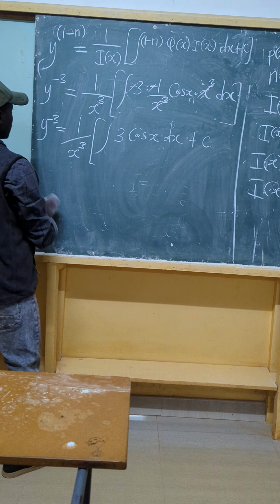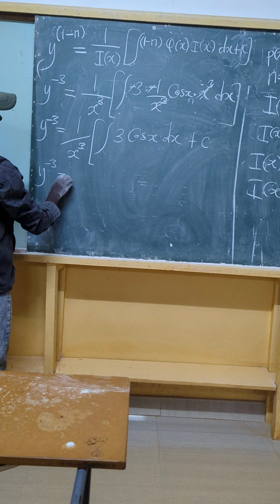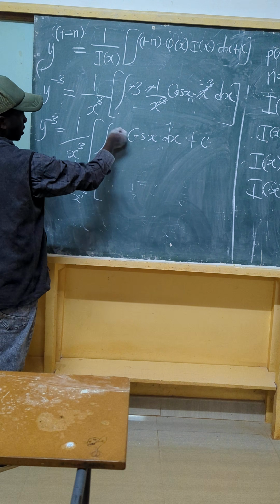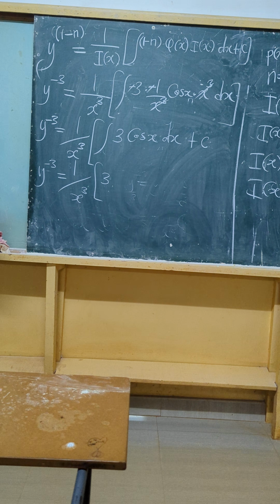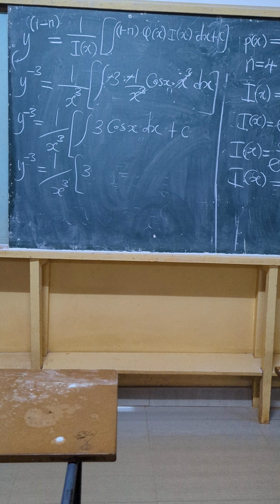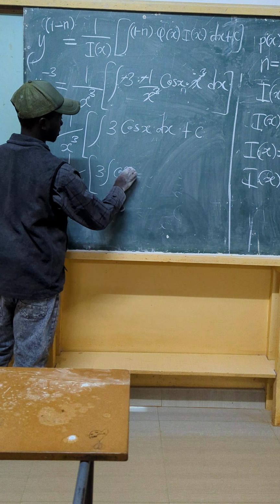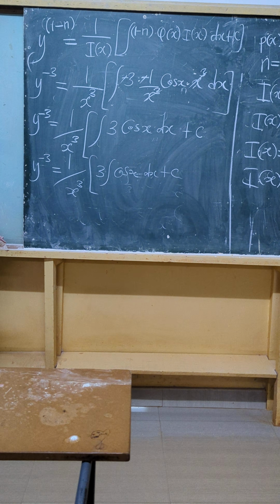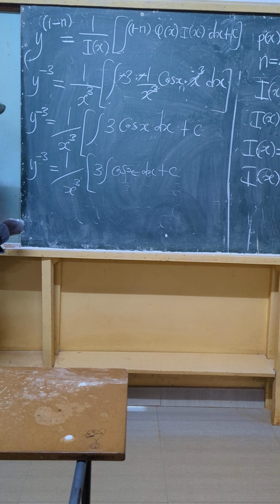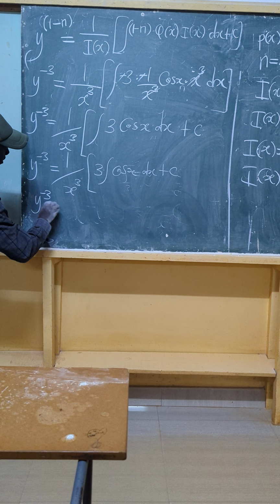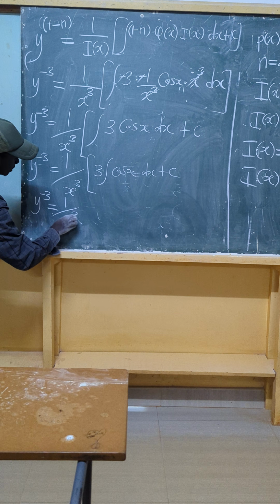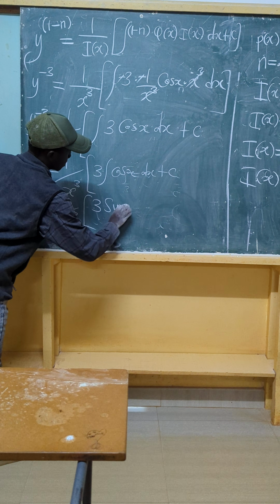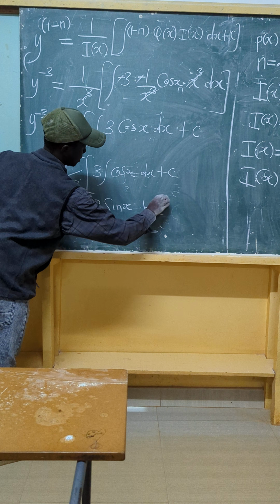So y to the negative 3 equals 1 over x cubed, then this 3 you factor outside the integral, and you remain with the integral of cos x dx plus c. What is the integral of cos x? We know that it's sine x. So 3 sine x plus c.